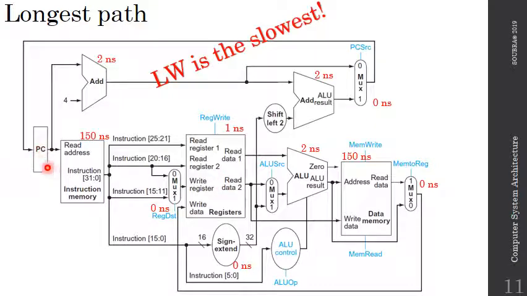So let's do that. 150 nanoseconds here, 0 here, 1 nanosecond, so 151. ALU, I'm gonna spend 2 nanoseconds, 153, 150 in the memory here, so 303 nanoseconds, and then back to my register file, 304. So a total of 304 nanoseconds. Fair enough? This is the longest one.